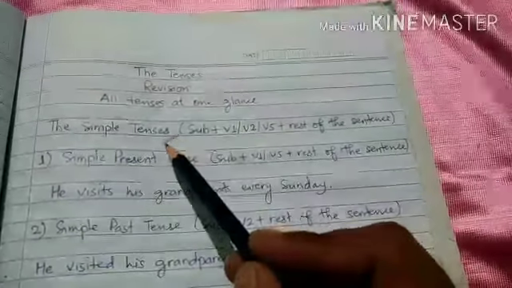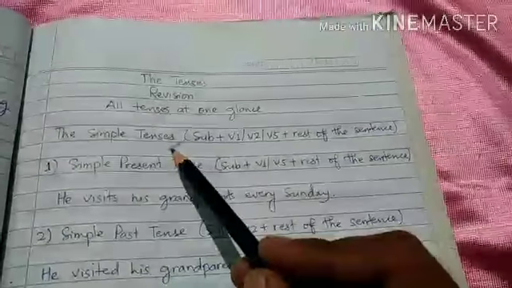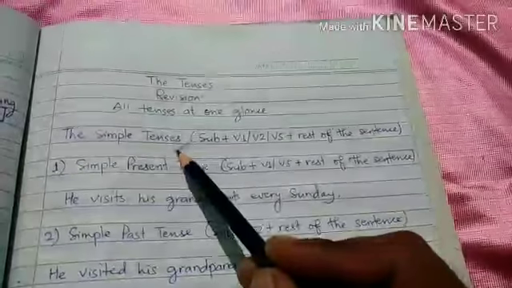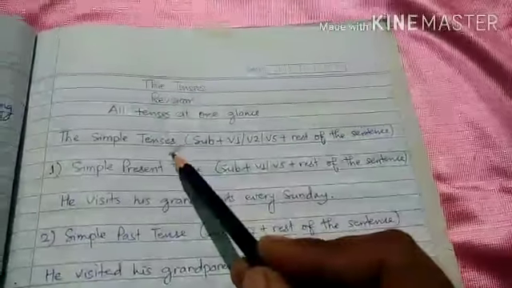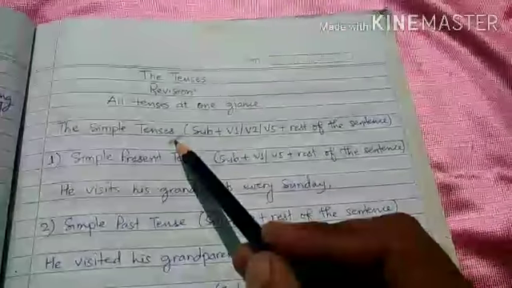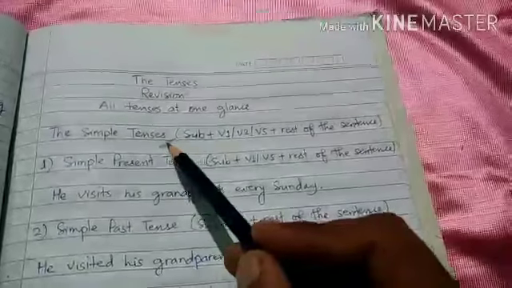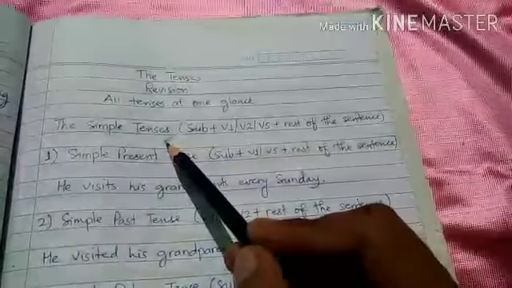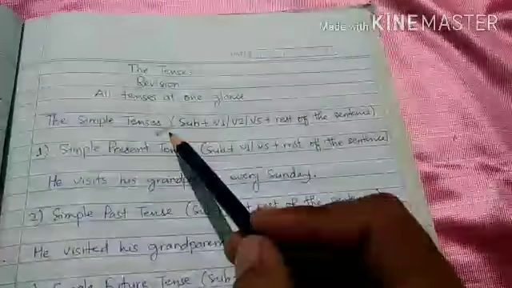We have already understood the sentence structures in each tense, how to frame affirmative, negative and interrogative sentences in each tense. We have already learned and practiced also. And now in this video we are learning how to change the same sentence in one tense into other tenses also.